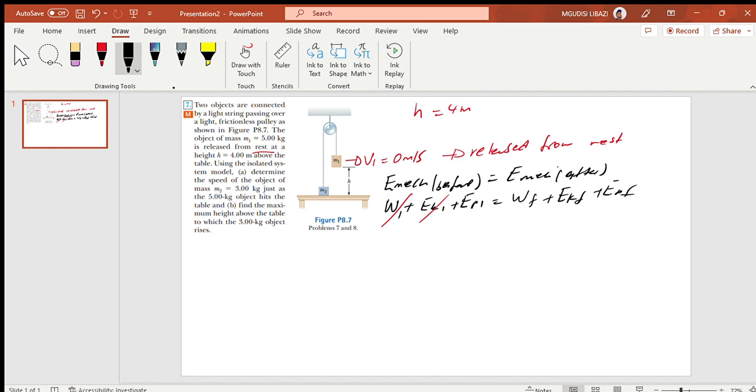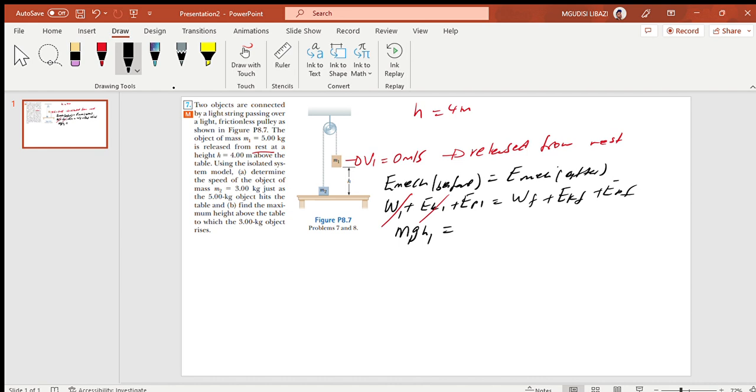So that means we have potential energy m1 g h1, the potential energy of box 1, which is at a particular height h there.